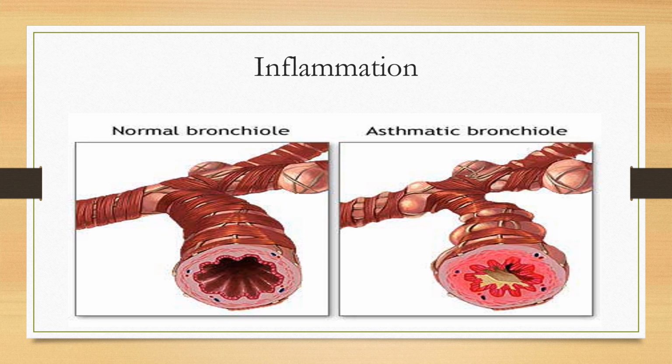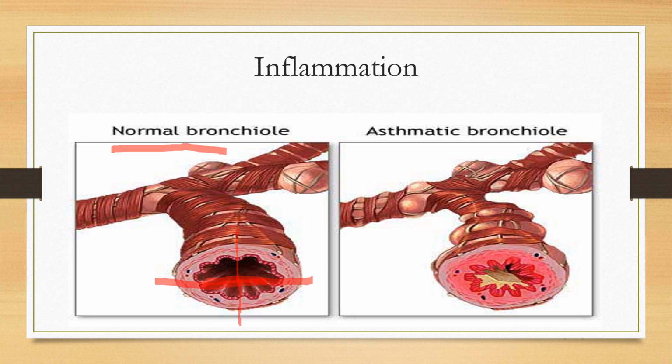In the normal bronchiole, you have smooth muscle wrapped around the airway, and this is a normal airway. Also, you notice that the radius of this area, in the middle right here, is wide open. You don't have much inflammation of the airway walls, and you don't have much mucus production.